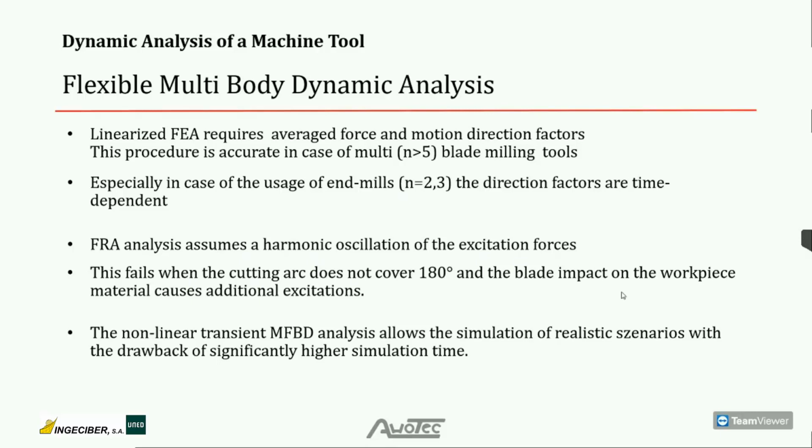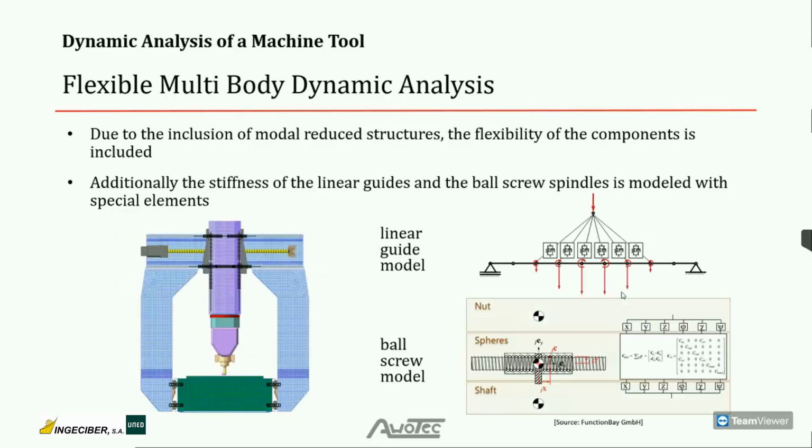This is more realistic, but the drawback, of course, is that it results in longer simulation times, and you always focus on a specific process. Here you can see on the left-hand side the multi-body model created, and at first look you see there's not really a difference to the graphical representation of a FEA model. Why?